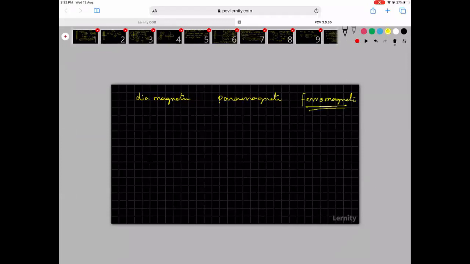Let me explain what happens in ferromagnetic materials. In a ferromagnetic material, the influence of the large number of unpaired electrons on each other gives rise to specific areas called domains.